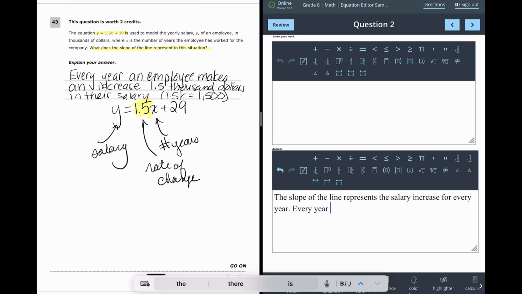Every year, an employee makes an increase of $1.5 thousand. I'm just gonna put it in there, 1,500 in their salary.